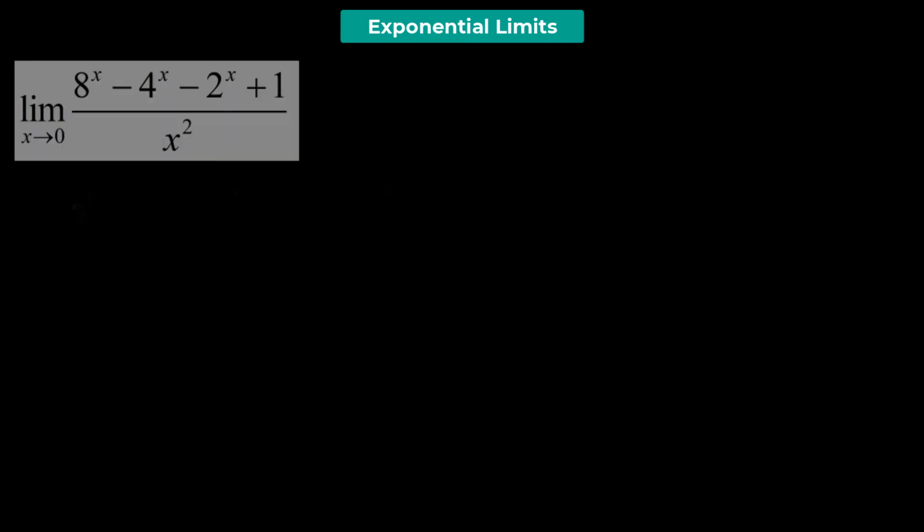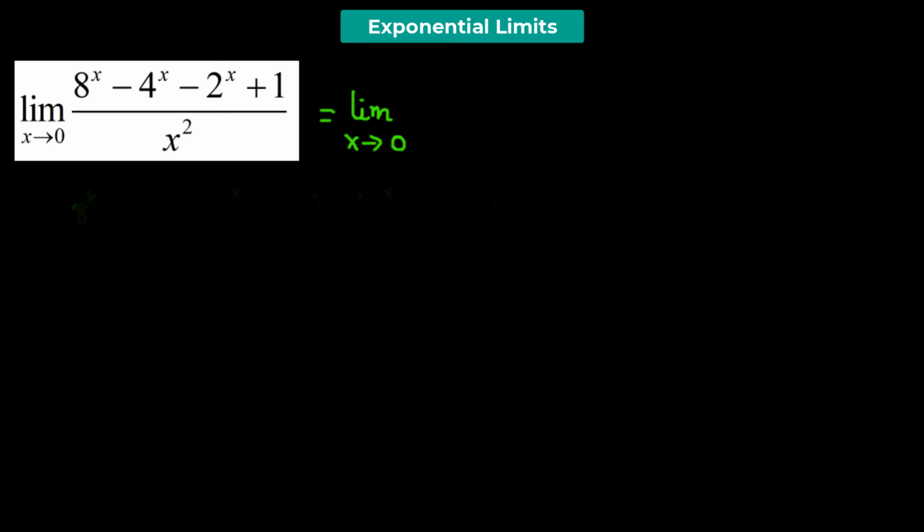Let's do another. So here we have another exponential function. We need to find its limiting value when x approaches 0. So first we begin by factorizing the numerator. So we have limit x approaching 0.